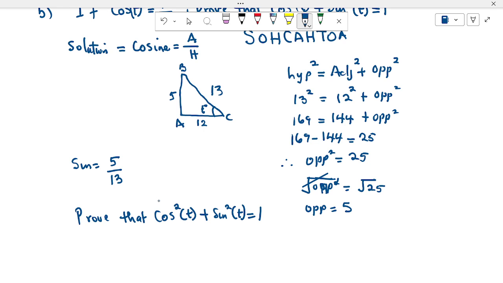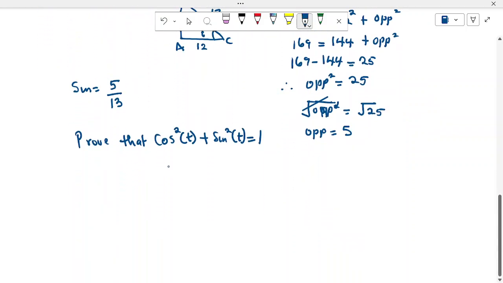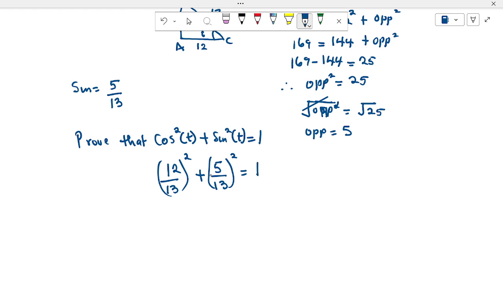What is our cos squared? Our cos is 12 all over 13. So we have 12 all over 13 squared plus 5 all over 13 squared. Is it going to give us 1? Let's see. Squaring that, you have 144 all over 169 plus 25 all over 169.